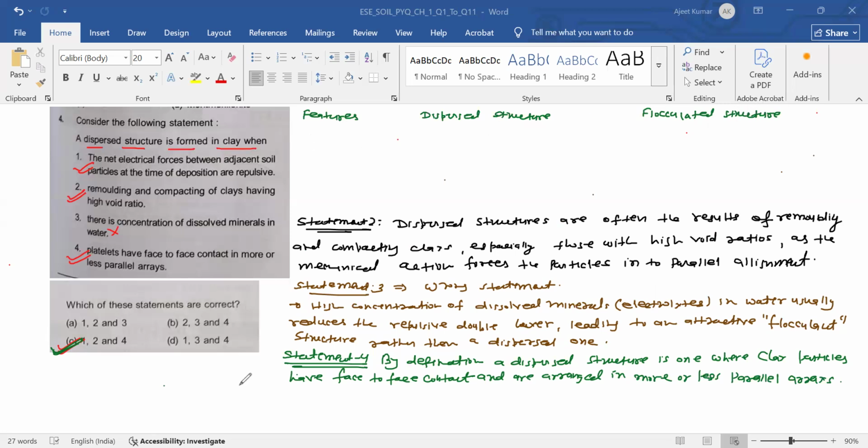The first feature is particle orientation.